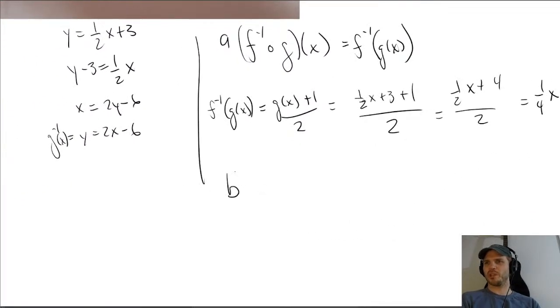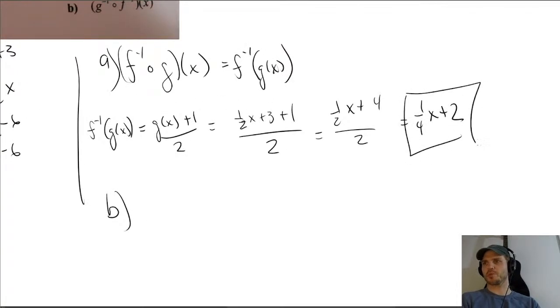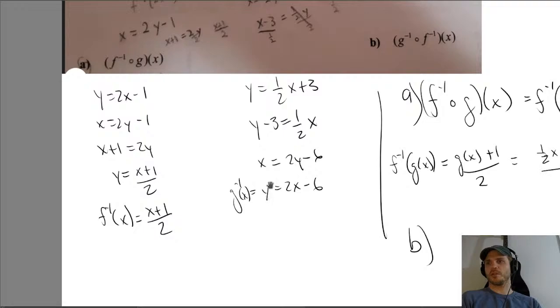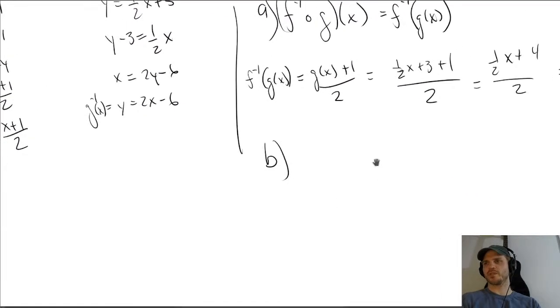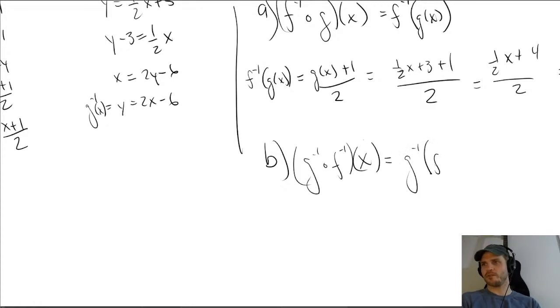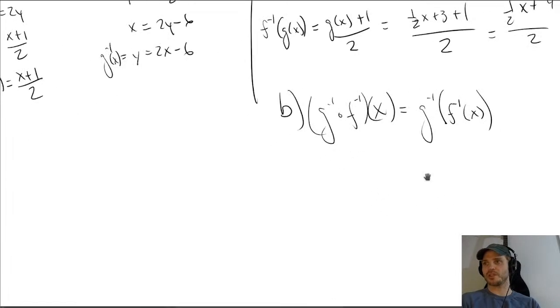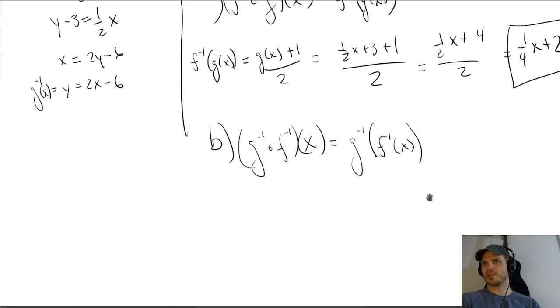Then part B is g inverse composed with f inverse. So we want g inverse composed with f inverse of x, and that's the same as g inverse of f inverse of x, which a lot of people prefer. We're going to take g inverse and plug f inverse in for x.